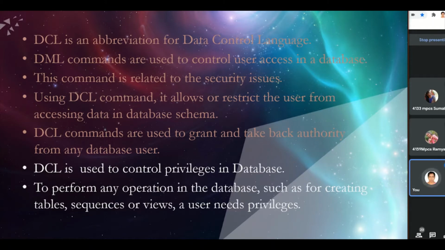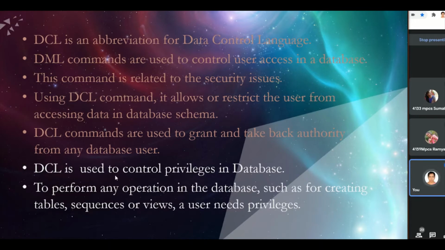Okay, grant is used to give the permissions, and revoke is to take back the permissions from the users. Okay, these are used to grant and take back authority from any database user. We can at a time assign the permissions to multiple users and take back the permissions from the users.